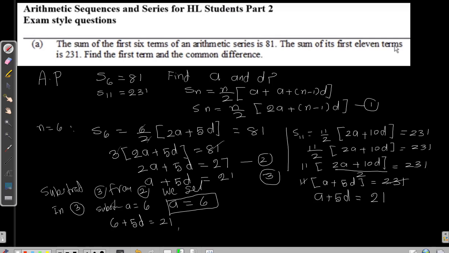That gives you 5d equal to, subtract the 6 from both sides, 21 minus 6 is what? 15. Therefore divide both sides by 5, so you get d equal to 3. So the common difference is 3, and the first term is 5.